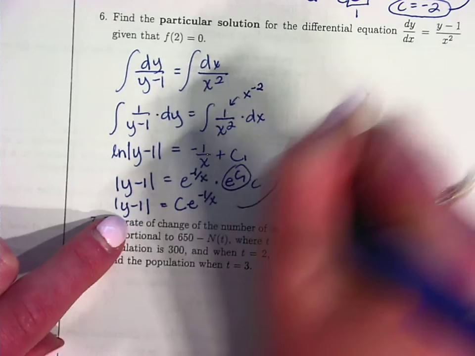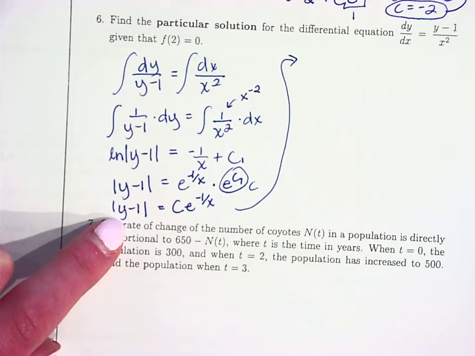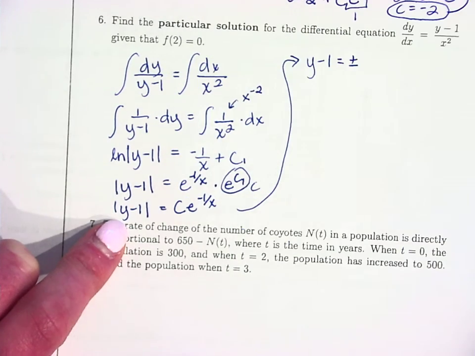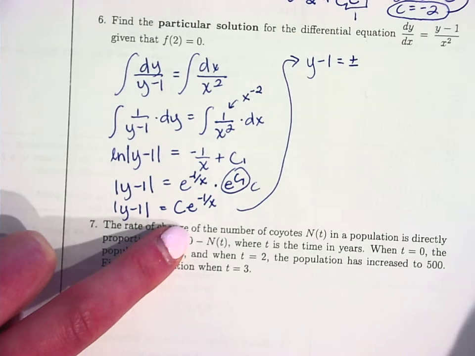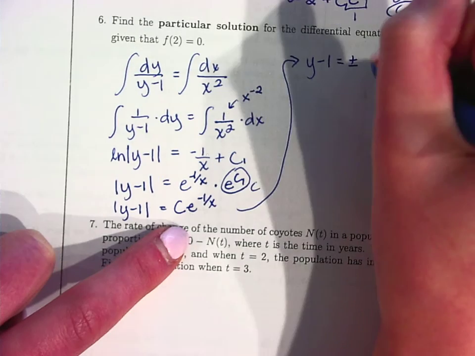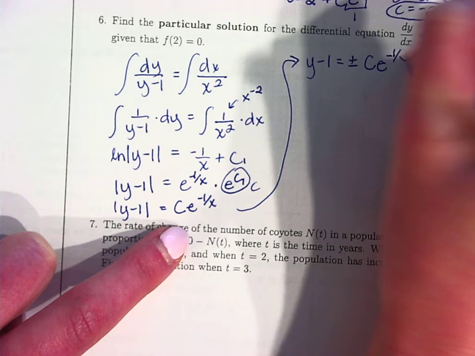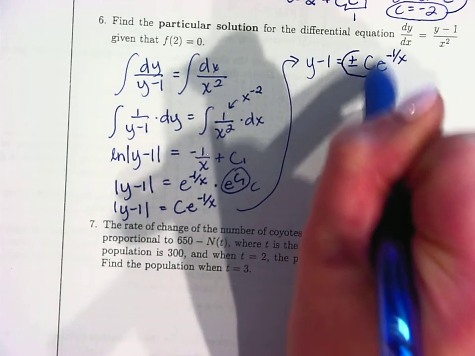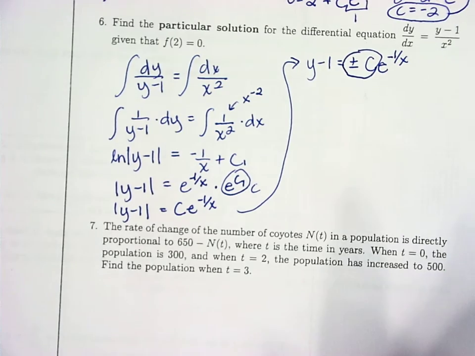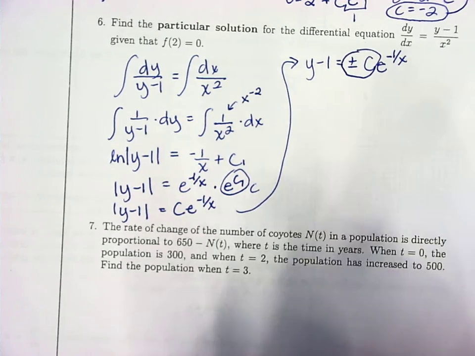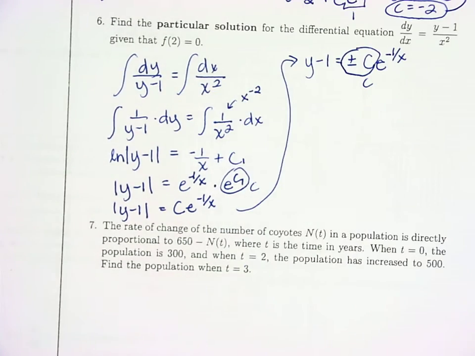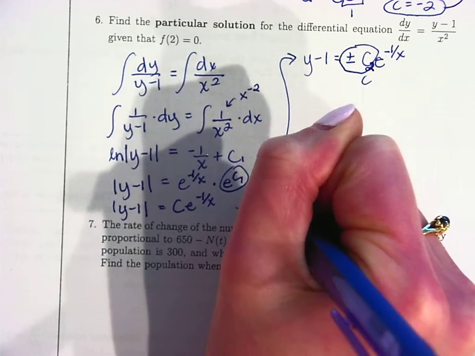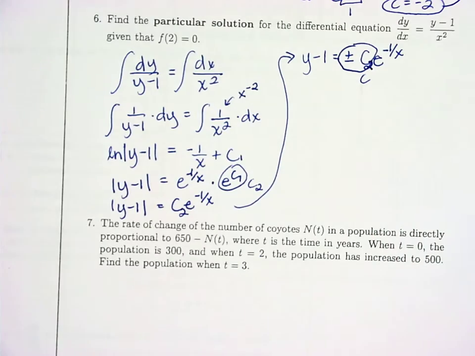Now, I'm going to go back up here and drop the absolute value. When I drop it, add plus or minus to the right-hand side. So plus or minus c e to the negative 1 over x. Just like in the previous problem, that plus or minus c, the plus or minus gets absorbed. So I'm going to call that whole new thing c, which means I have to go back and put a subscript of 2 on my other c's.